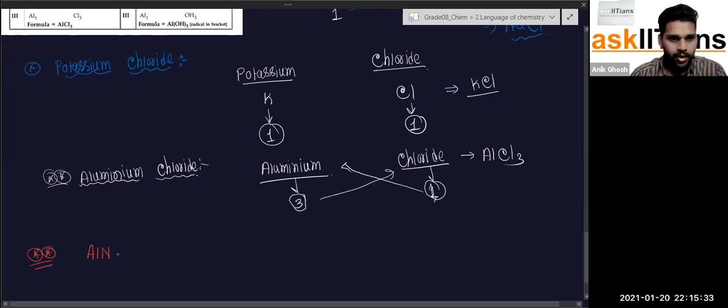If I have this formula AlN, tell me what are the valencies of Al and N? How would you be able to do that?